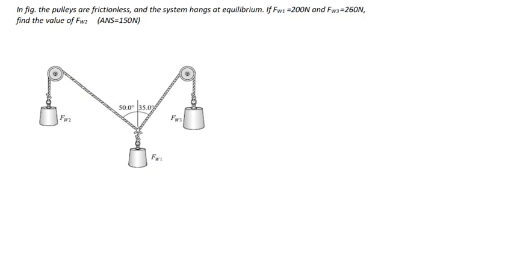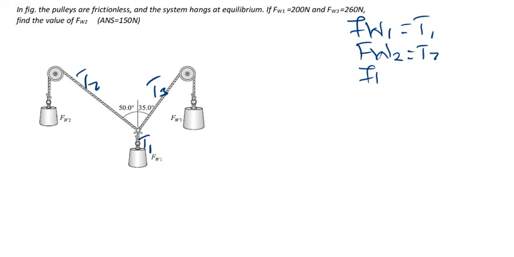If I want, I'm going to call these buckets which you have here: let's denote this one to be T1, this one to be T3, and this one to be T2. What we should know is that FW1 is the same as T1, FW2 is the same as T2, and FW3 is the same as T3.